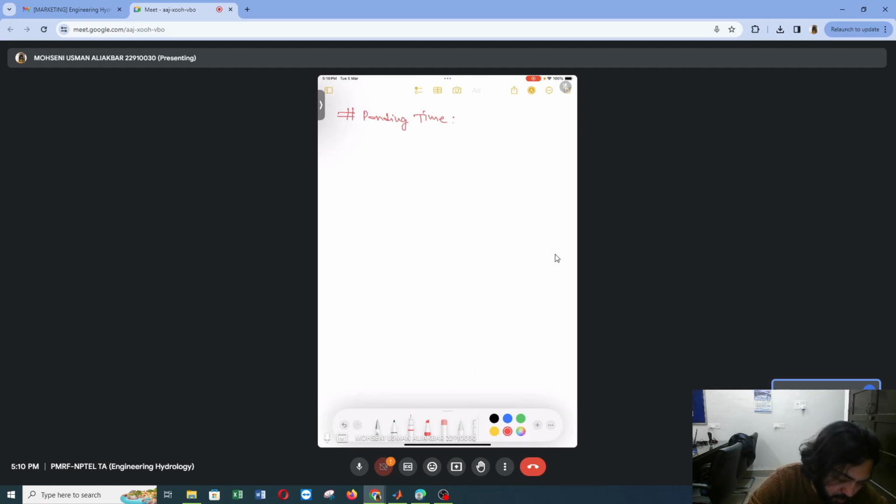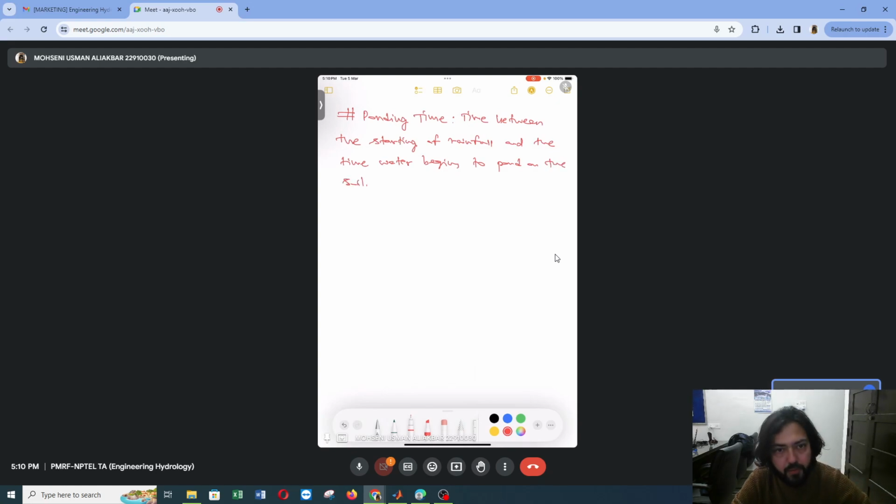So we'll make it very short. It is nothing but the time between the starting of rainfall, or occurring of rainfall, and the time water begins to pond on the soil or on the surface.